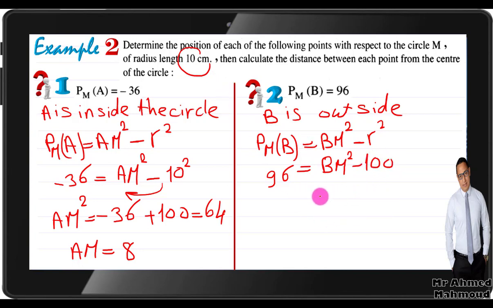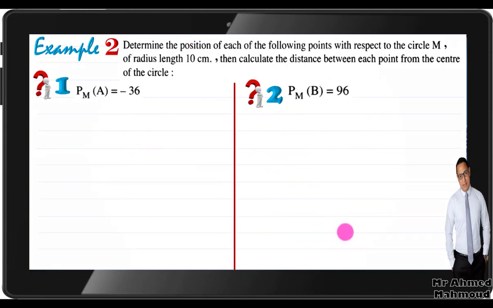I'm going to send the negative 100 to the other side as positive, so BM power of 2 equals 96 plus 100, which equals 196. By taking the square root, BM equals root 196, which equals 14 centimeters.